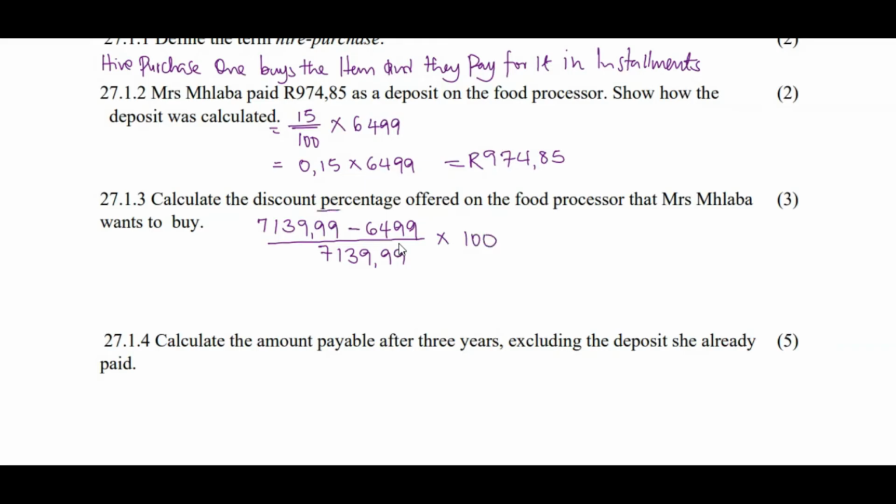They asked for the percentage. When you subtract, you end up having 640 rands 99 cents over 7,139 rands 99 cents. Multiply that by 100.